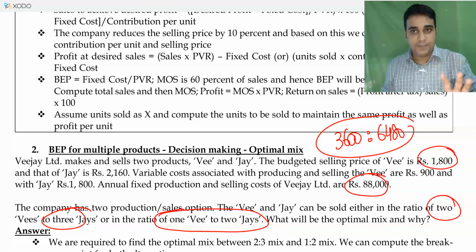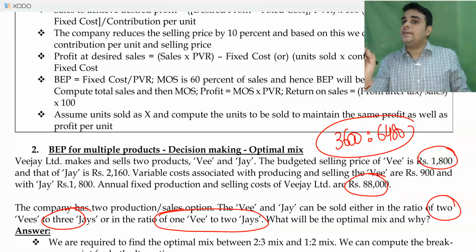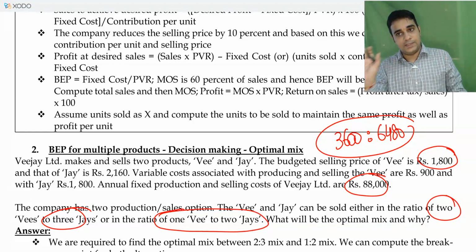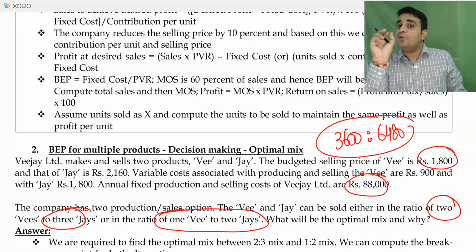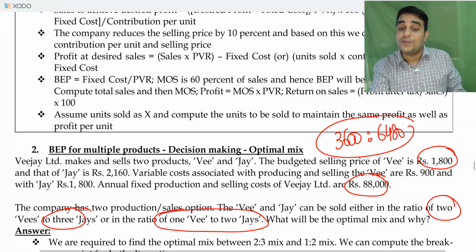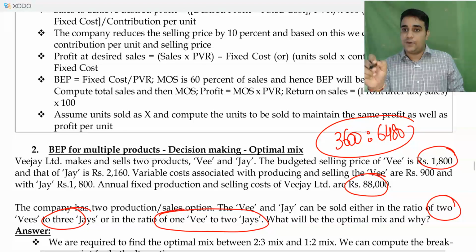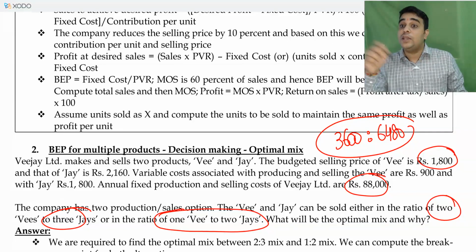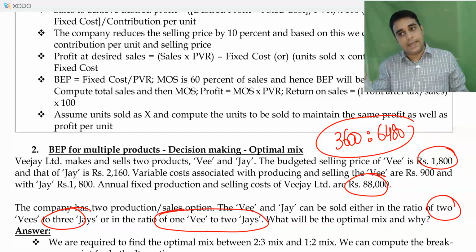I have just multiplied with the selling price. The question will say the sales mix is 2:3. If you think that the sales mix is 2:3 and that 2:3 is for the value of sales and not the quantity of sales. The 2:3 can be for value, the 2:3 can also be for quantity.